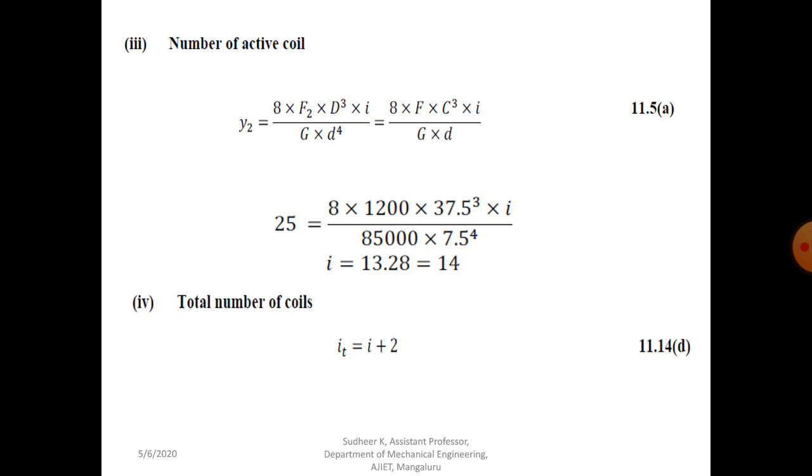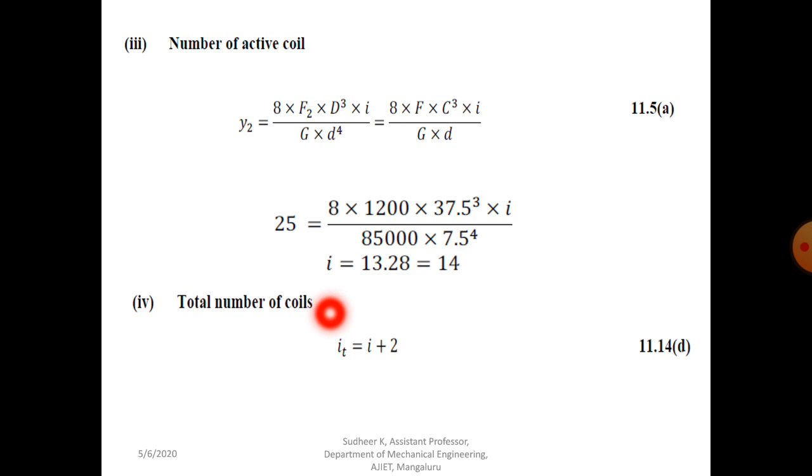You have a diagram in your data book, from page number 189. You can see there are four important end conditions for a spring: plain end, plain and ground end, third square end, and fourth square and ground end. If it is not given in the problem, always assume square and ground end.